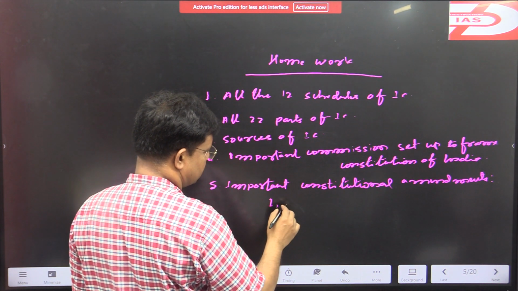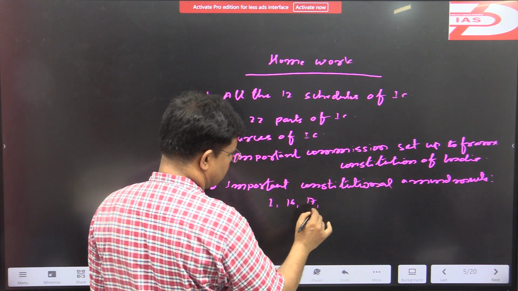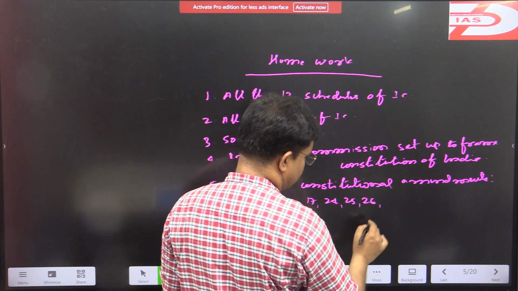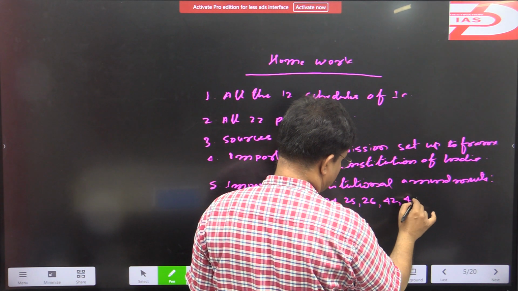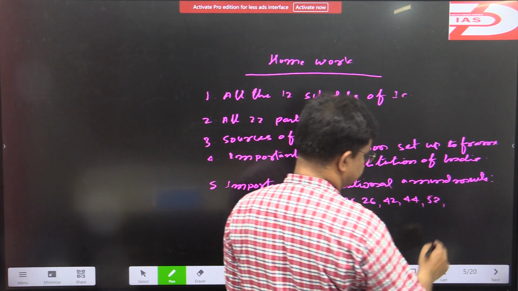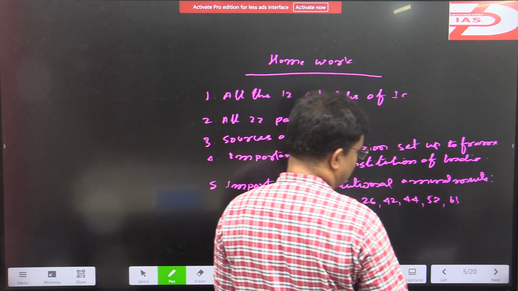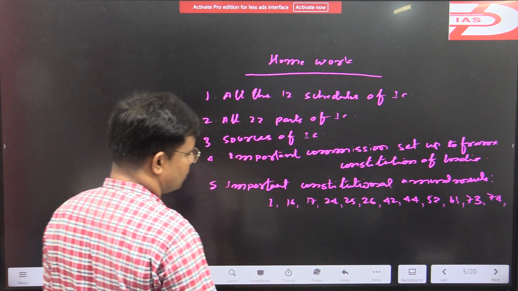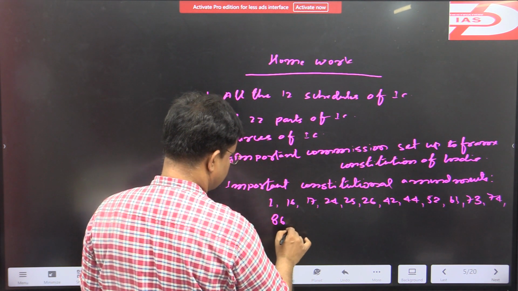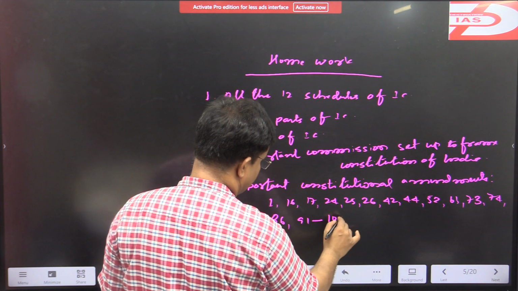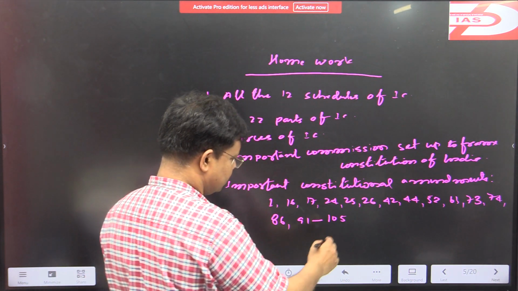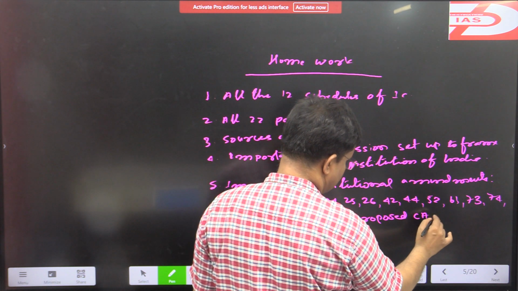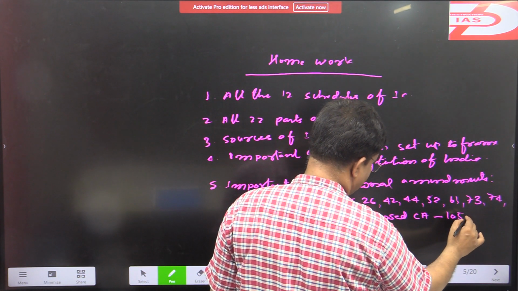First, 16, 17, 24, 25, 26, 42, 44, 52, 61, 73, 74, 86, 91 to 105 constitutional amendments, and proposed constitutional amendments from 105 onward.